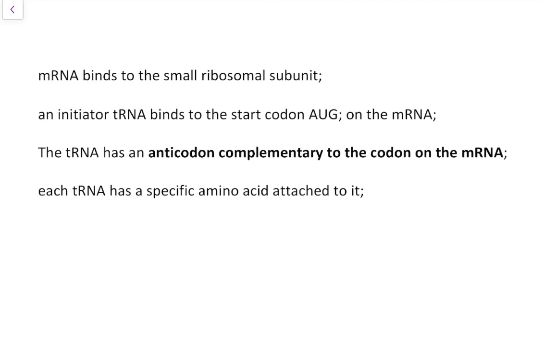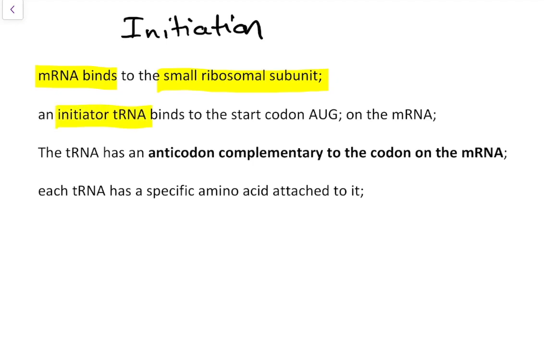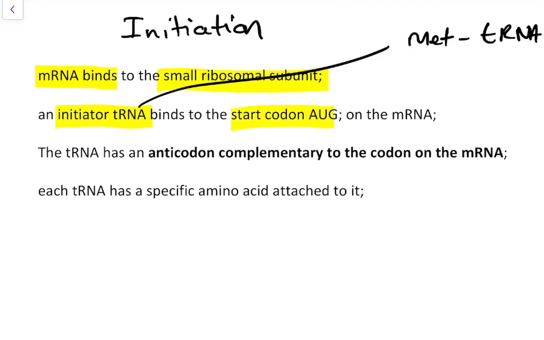So here's our summary of this. It can be called initiation because it's how we start. It's the first thing that happens. So in initiation, the mRNA binds to the small ribosomal subunit. The initiator tRNA, which is always MET, we can call it MET tRNA because it's a methionine attached to that tRNA, will bind to the start codon AUG, which is on the mRNA.